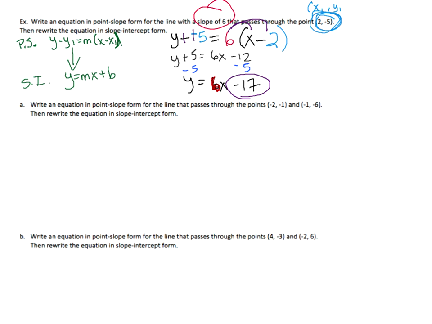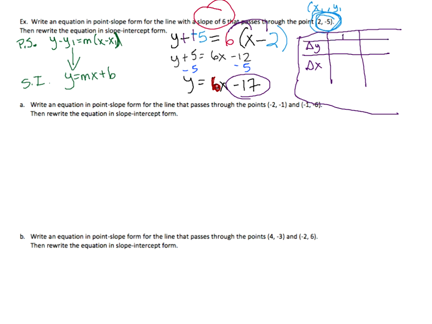Real quick, the chart for counting slope off, you always have the change in y over the change in x, and you can have positive or negative values of each of those.